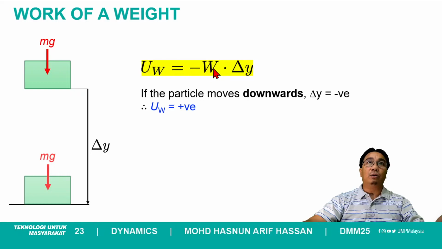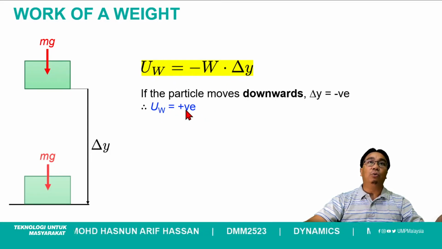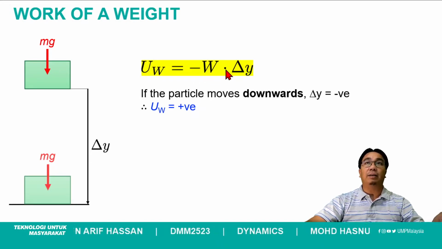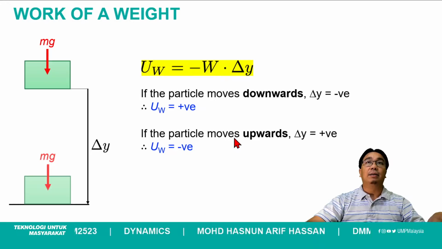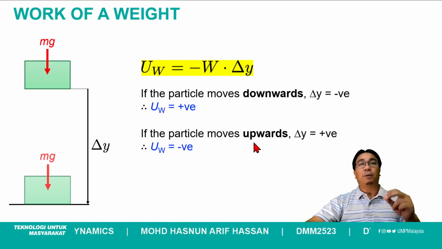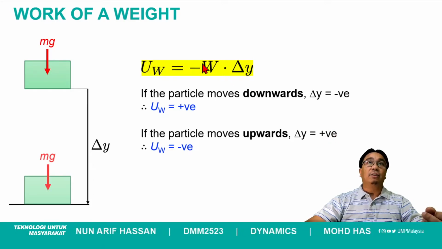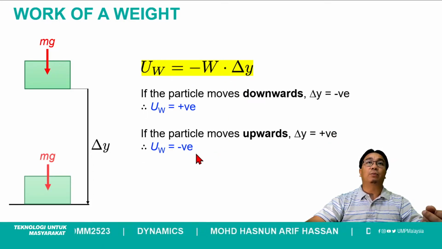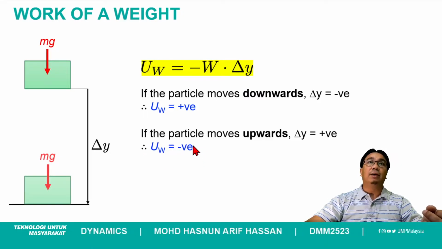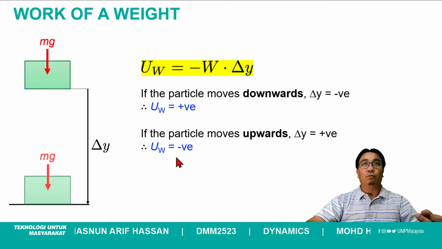So, akan ada dua negative sign, which then UW will be positive. Disebabkan ada dua negative sign. If the particle moves upwards, kalau partikel tu bergerak ke atas, delta y akan jadi positif. So then you will have one negative sign, one positive sign, which in the end UW will be negative. Okay, you faham tak maksud dia?